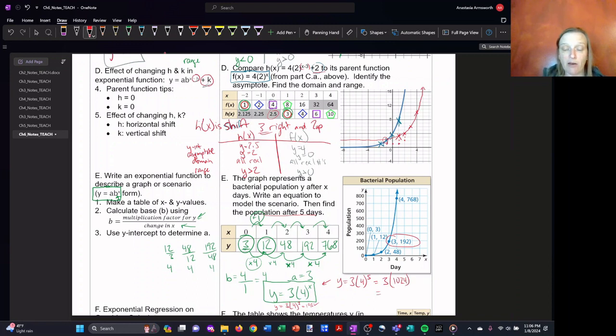And when I multiply that out, I get 3072. So I know that there's going to be a population of 3072 bacteria after this population has grown for 5 days.